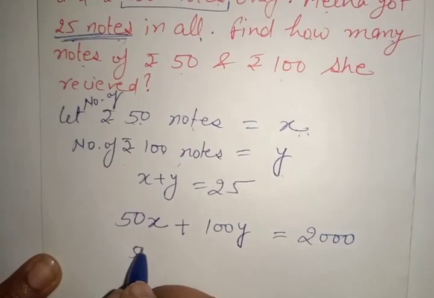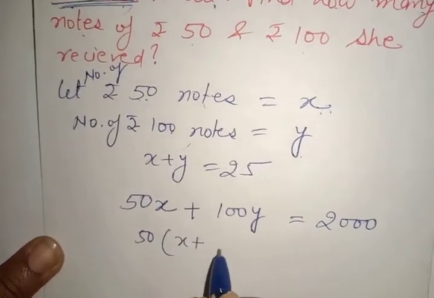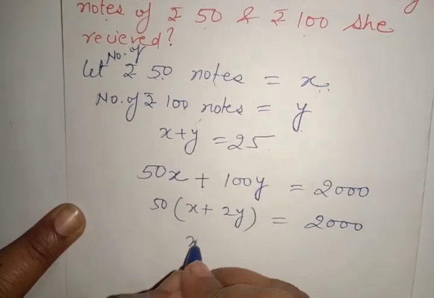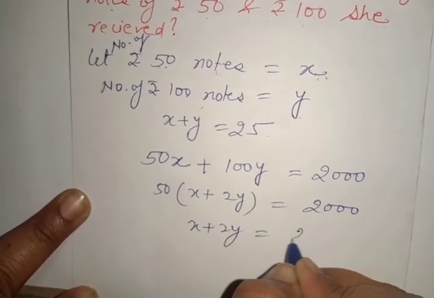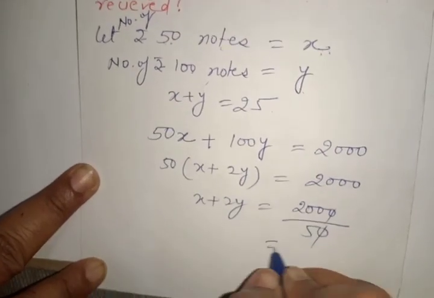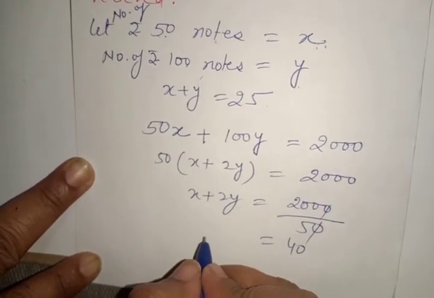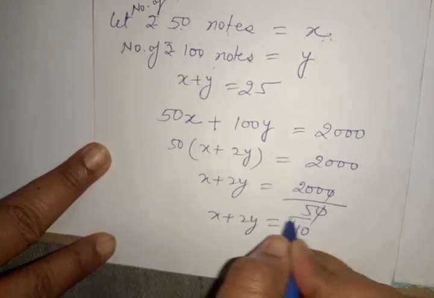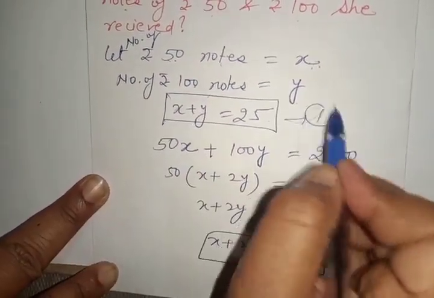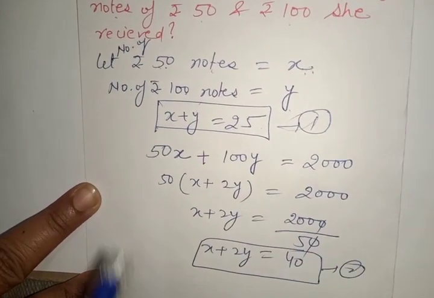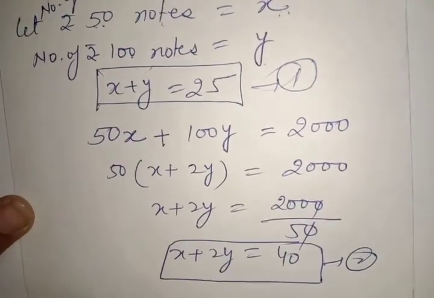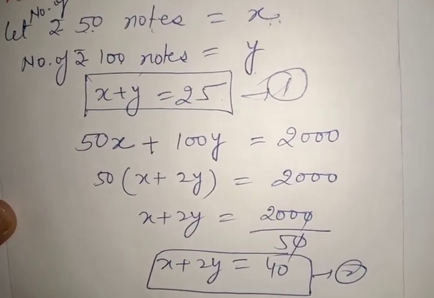After taking 50 common from this equation, we will get x plus 2y is equal to 2000 upon 50, and this will be 40. X plus 2y is equal to 40. So this is our second equation, and this is the first equation. Again, elimination is very easy because coefficient of x here is 1, coefficient of x here is 1. After subtracting these two, you can get easily the value of x and y.